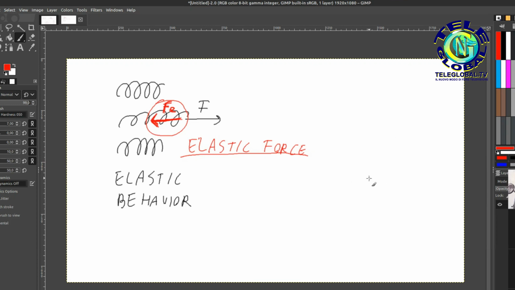And the interesting thing is that there is a very simple law that determines how much this force is exactly.